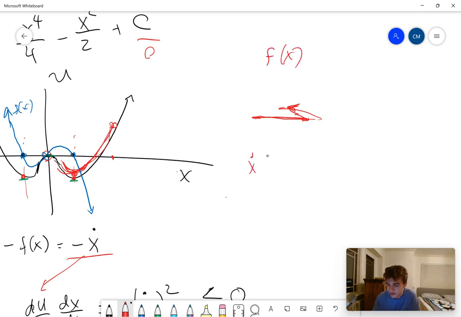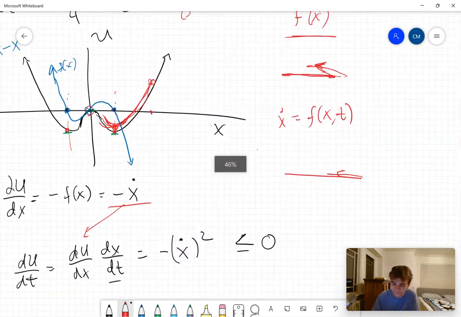If instead we had x dot equal to f of x and t, things would be totally different. Now we actually could have motion that moves backwards and flows in on itself, and so we could have periodic oscillations. But this is totally different from the system that we're analyzing, which is just an autonomous system with no explicit time dependence.